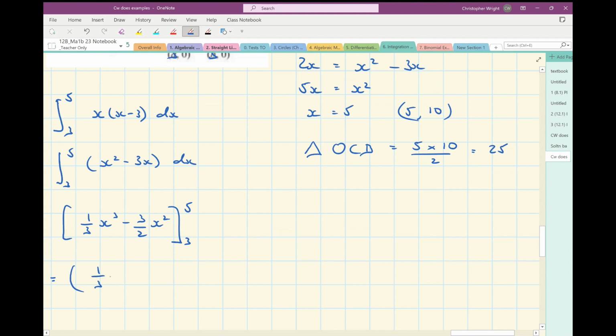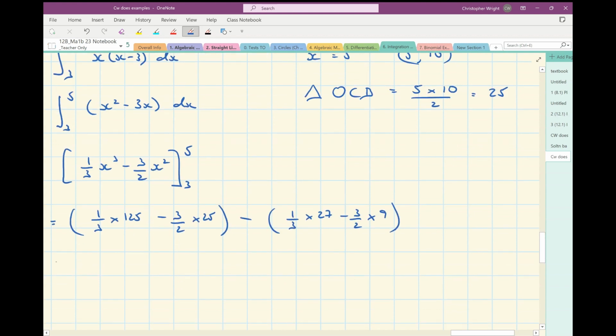It's a third times 125 minus 3 over 2 times 25. And from that, I'm going to subtract the value of the expression when x is 3. So that's a third times 27 minus 3 over 2 times 9. I'm going to put that in my calculator, and that tells me that I get 26 over 3.